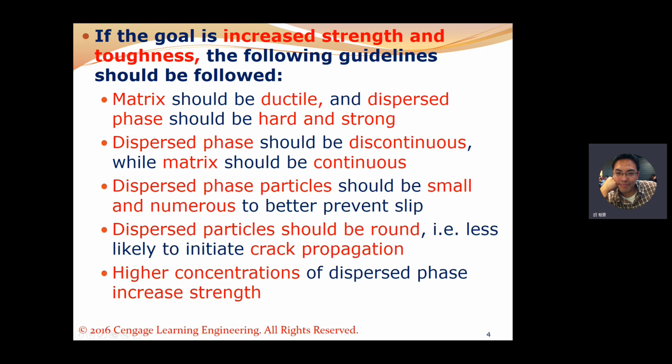So why is the eutectic reaction so important? Let's look at the following. If the goal is increased strength and toughness, these guidelines should be followed. First, the matrix should be ductile. As I already mentioned, the matrix, the second phase, has to be ductile, and the dispersed phase has to be hard and strong, that means kind of brittle.